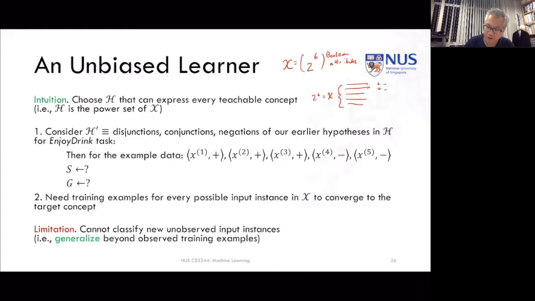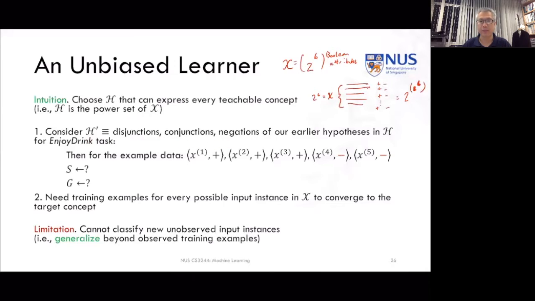And this means there's going to be 2 to the power set of the amount of space of our data items, right? So it's going to be 2 to the 2 to the 6 here, right? Which is an enormous number, right? So that's going to be the case when we consider this script H prime, which is basically allowing all of the different types of hypotheses that we could do, right?